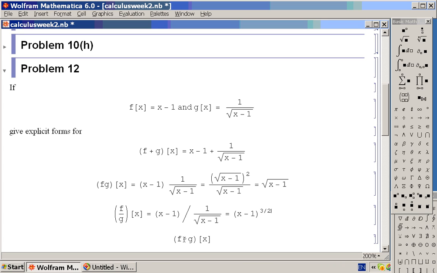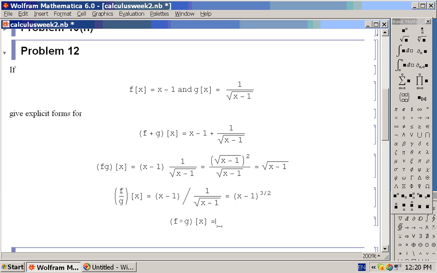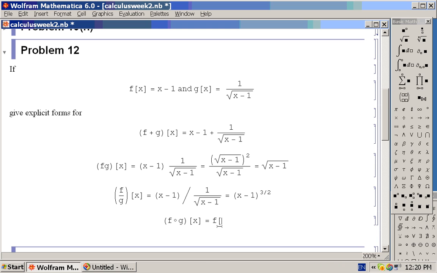And now the last one is f circle g of x. Now that's the composition of the two functions. In other words, that's f of g of x. So let's write that down. What we do is we take f of x and wherever we see x, we replace that by g of x.